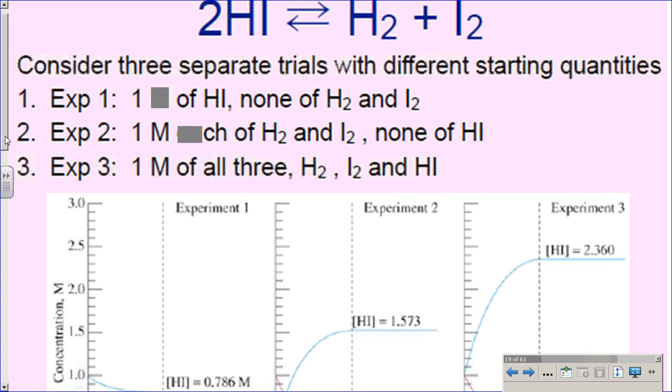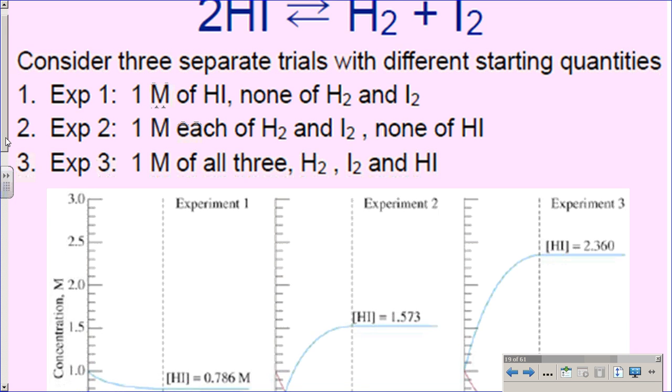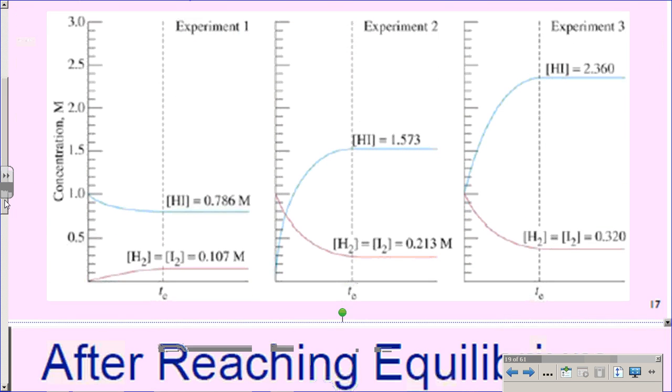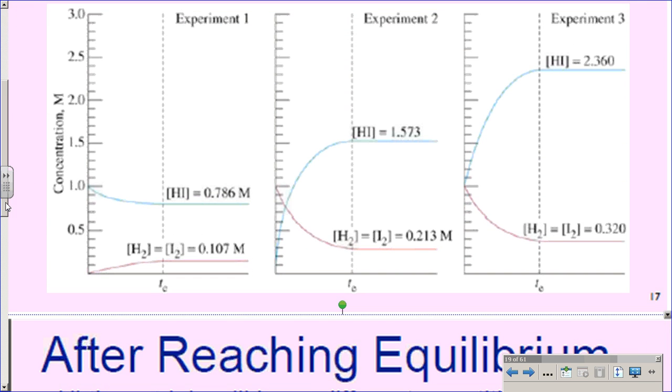Did you write down the reaction? H2 plus I2. There you go. So that is the reaction for all of you.